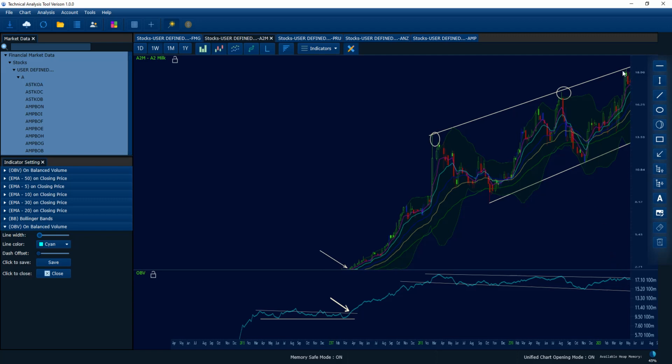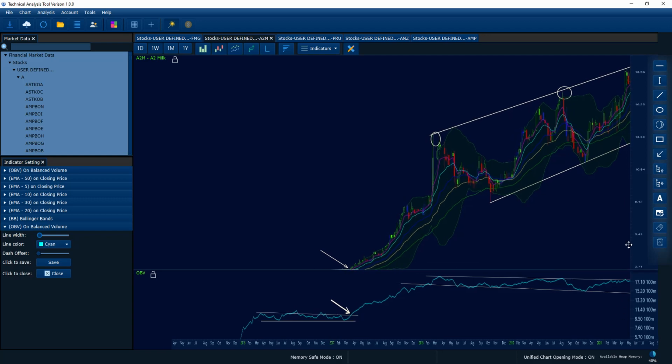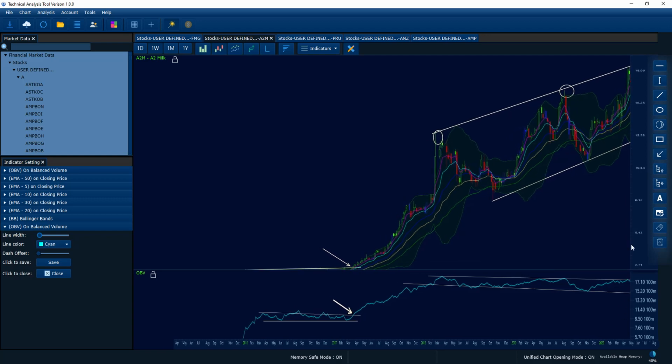The price creates another high, and the OBV creates a lower high. That's the divergence. When you see this happening, you would know the uptrend of the underlying security is in question. Why? Because you see a long time range of divergence.